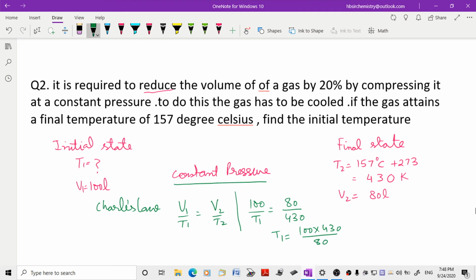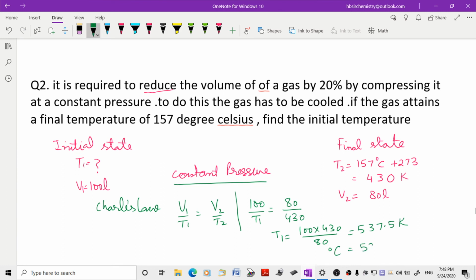So let us quickly solve it. 430 has to be divided by 80. So this is coming as 537.5 Kelvin. We want the answer in degree Celsius.